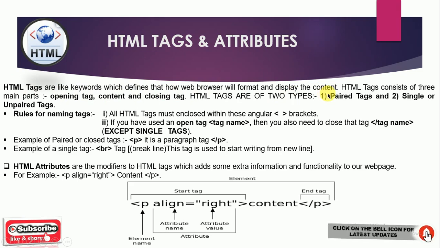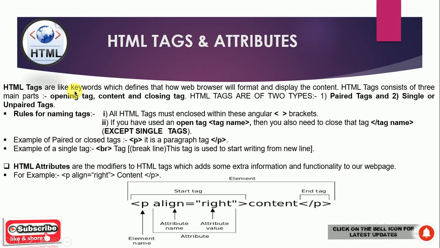Whatever content you want to display in your web page, the web browser will understand, using HTML tags, how it will be displayed. So these are called HTML tag elements.